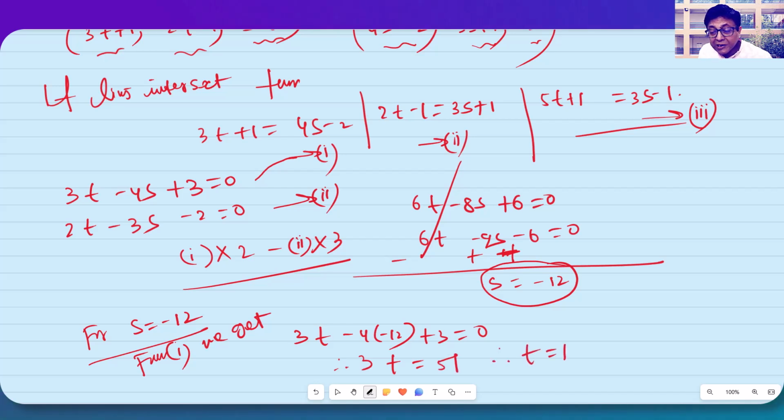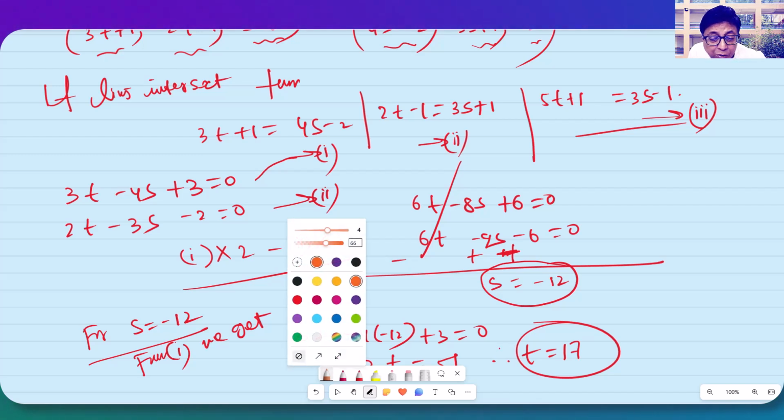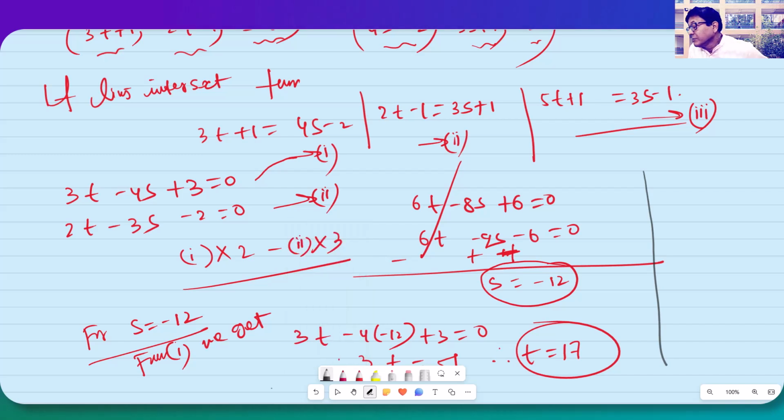So t will be 17. We got the value of both s and t. Now check whether the third one is satisfied with this value of t and s or not. If satisfied, then they intersect. If they don't, then we will say that they don't intersect. Put it here: 5t in this equation, LHS is what? 5t plus 1.